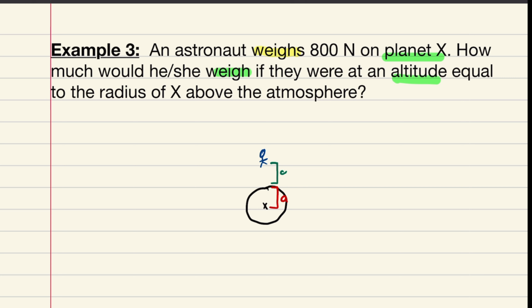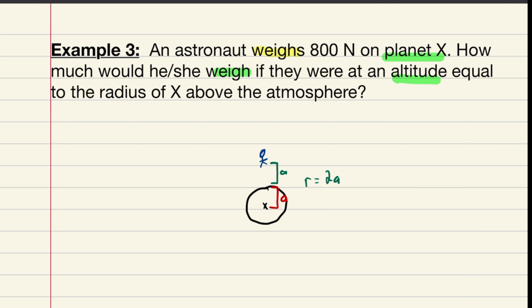So what you could say is that your radius is equal to 2 times A, the entire distance between the astronaut and planet X. So when we plug in our value for the radius between the two objects, it is going to be double the radius of the planet alone. So how does that translate?